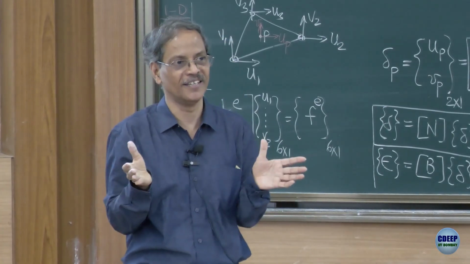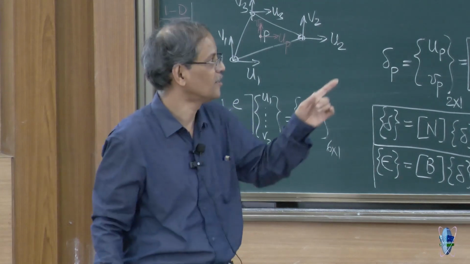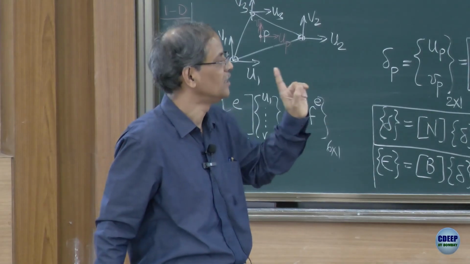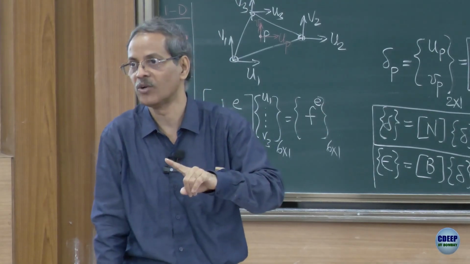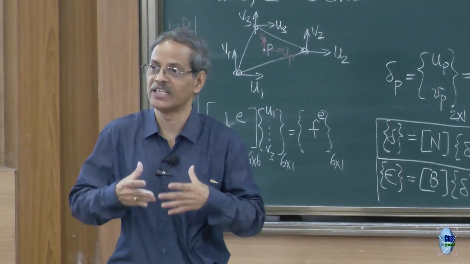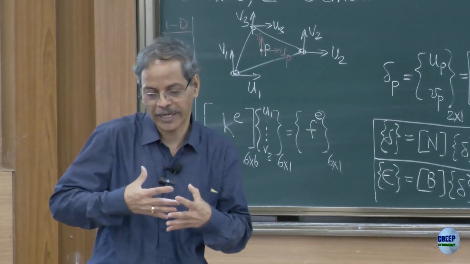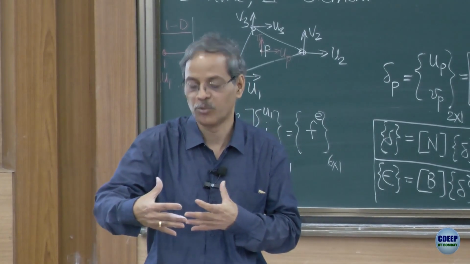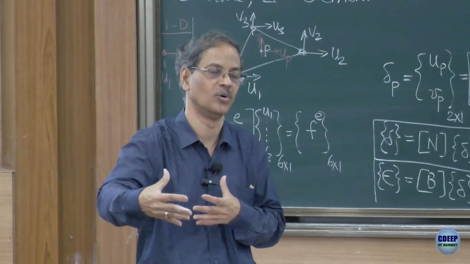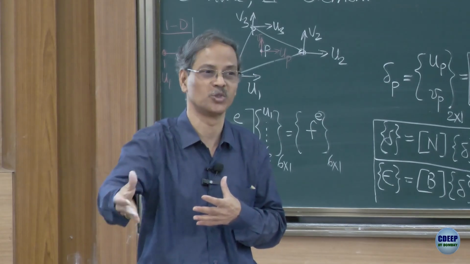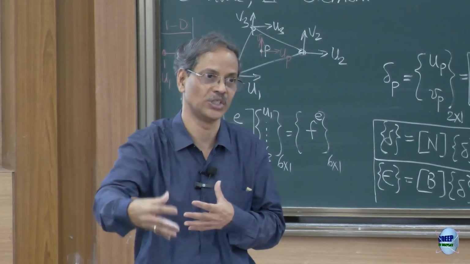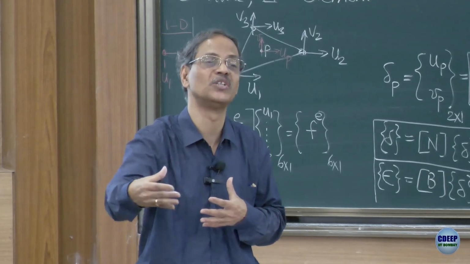What is likely to vary within the element is that BD term, B for strain displacement relation, D for stress strain relation, depending on, supposing you are having functionally graded materials. Functionally graded materials means that you expect one portion of the material to withstand certain behavioral loads, thermal, corrosion, whatever, and therefore you control the material's composition, constitution to be able to withstand those.